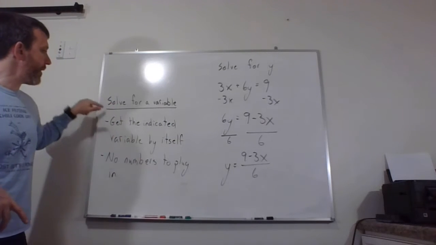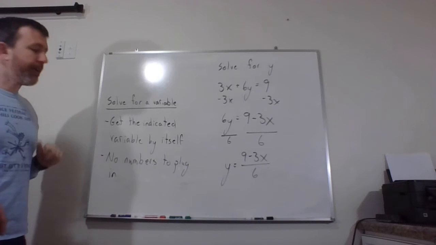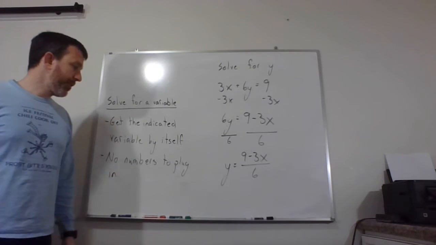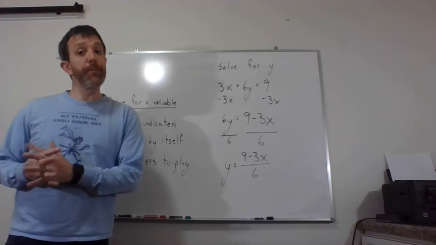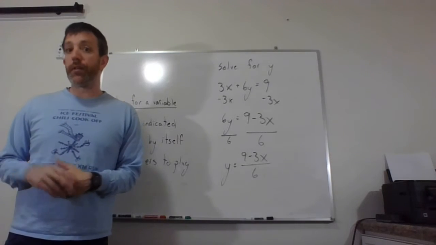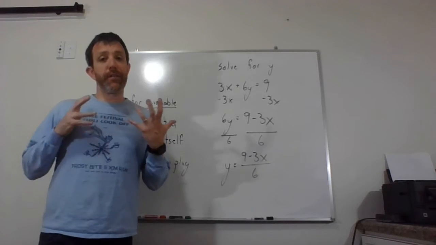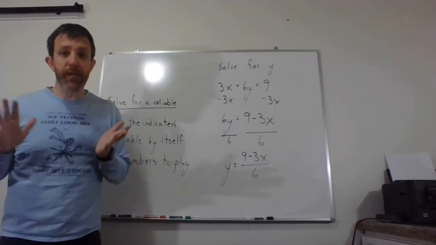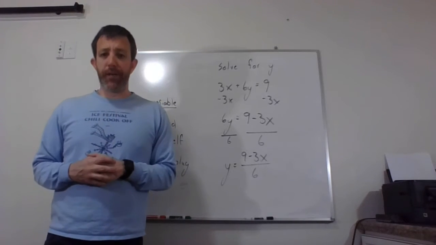So we're going to say we solve for a variable. What that means is get the indicated variable by itself, but we're not going to have any numbers to plug in. And so this is going to look a little bit different. It's going to be a little bit weird because you're not going to get, say, 7 as your answer. You're going to get something that still has letters in it. And you're going to have to get past that weirdness of the solution being something that still has letters.